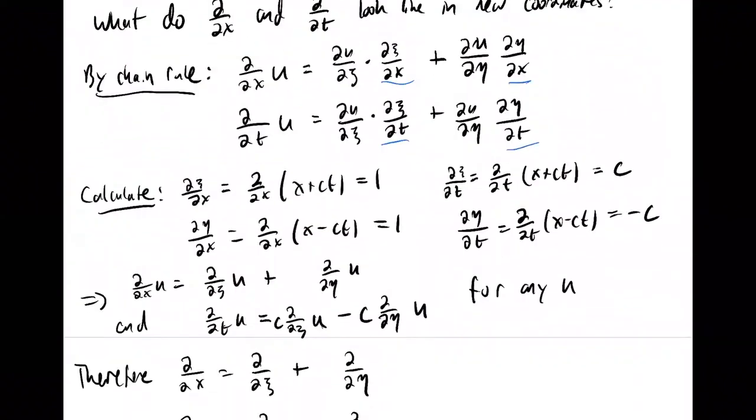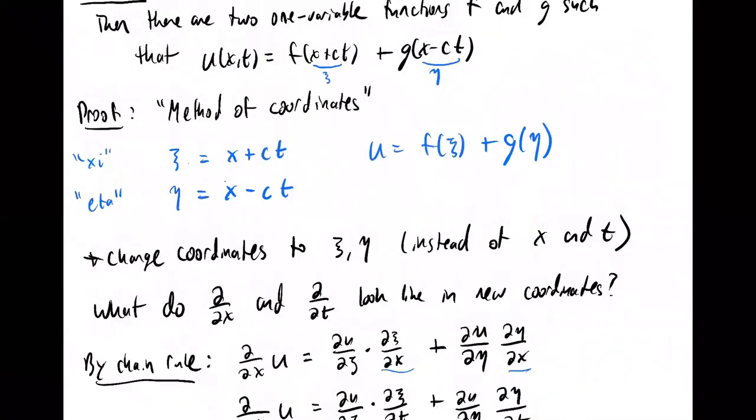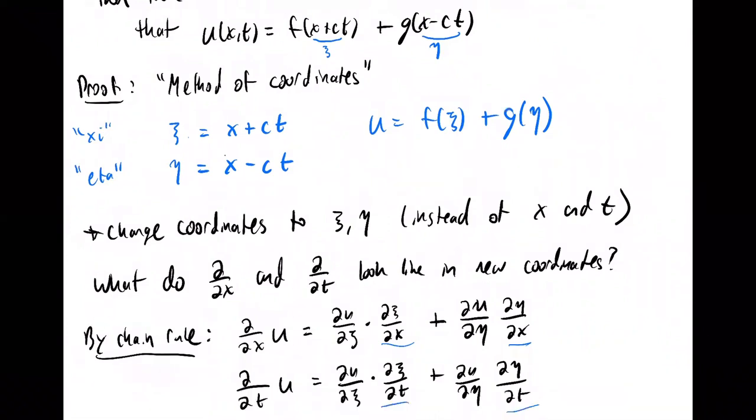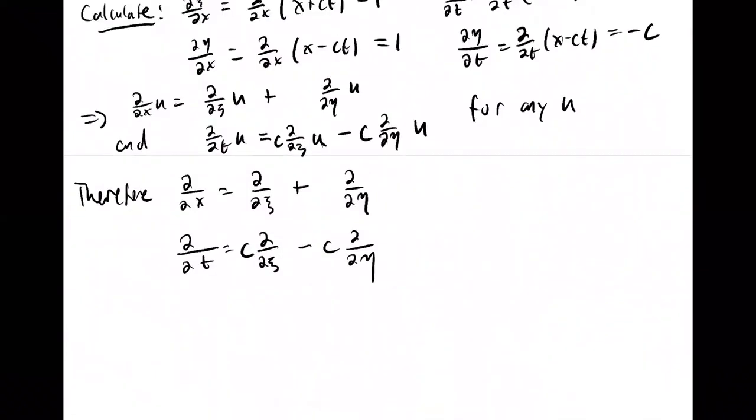What all these calculations say is that if I introduce these new coordinates as before, we just derived how the differentiation operators transform in these new coordinates. So what do partial derivatives with respect to xi and eta look like in terms of partial derivatives with respect to x and t? That's what these equations say. What we're going to do now is return to the wave equation and see what we get.